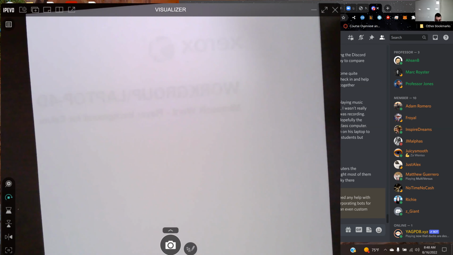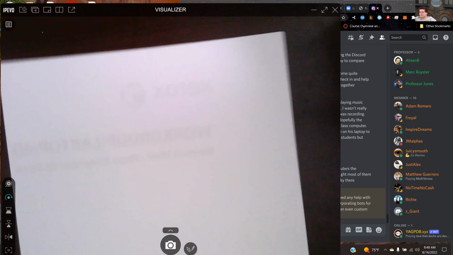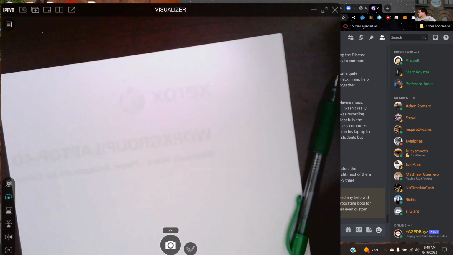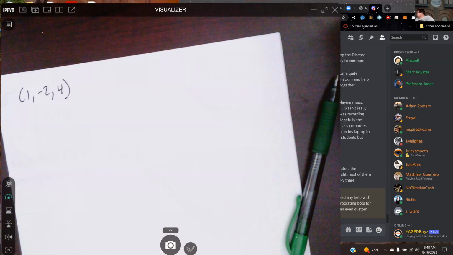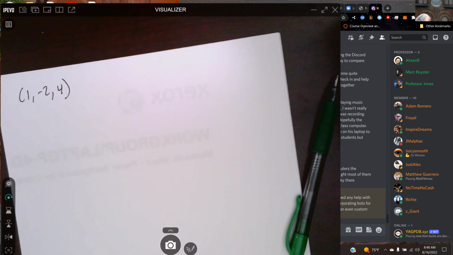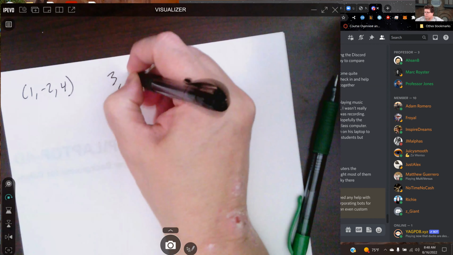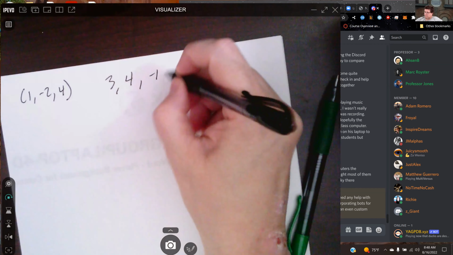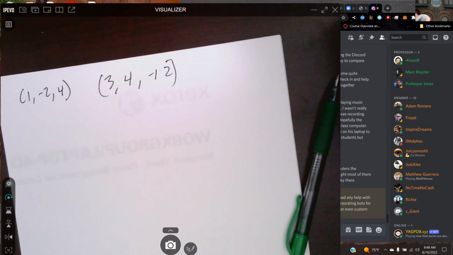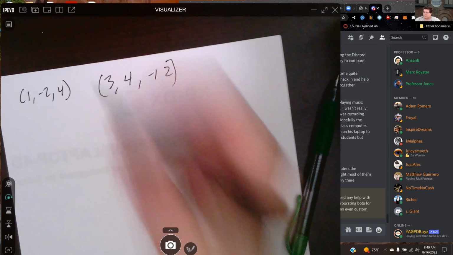Find the center and the radius of the sphere. 1, -2, and 4, and 3, 4, -12 are endpoints of the diameter. Okay, those are the endpoints.